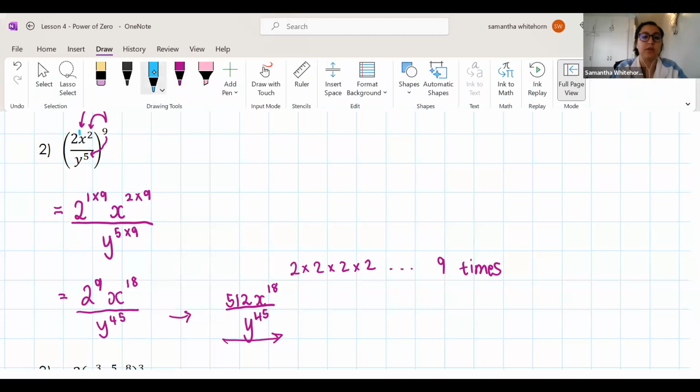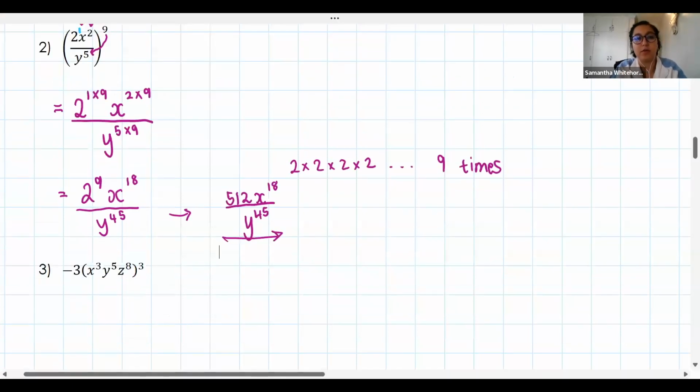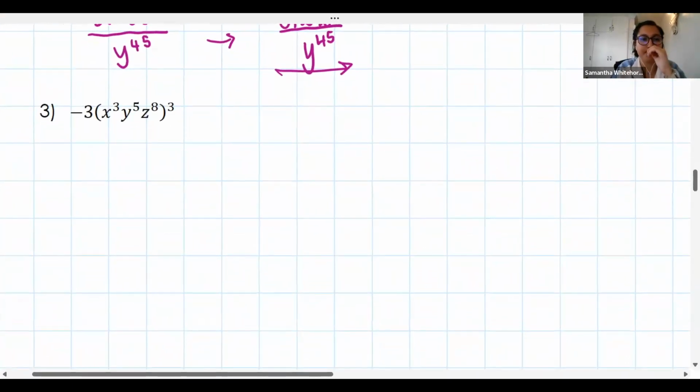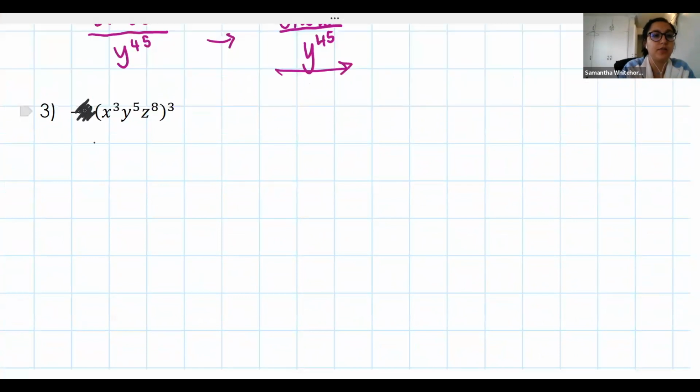Okay, based on this, I'm going to do the last one with you. I will make all of this smaller for you to take screenshots. I'm actually just going to take off this -3. We're going to ignore that right now. All we want to do is distribute this 3 into our bracket.